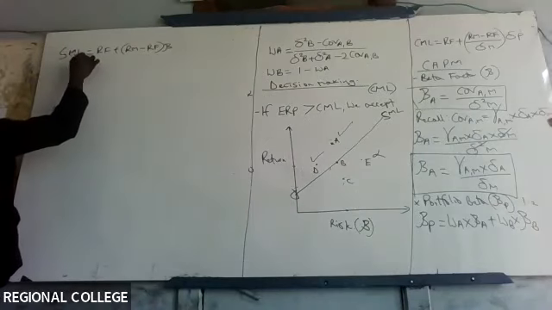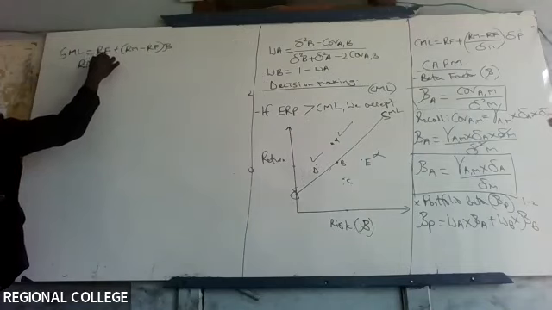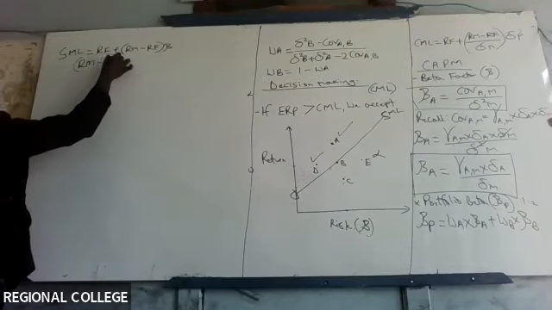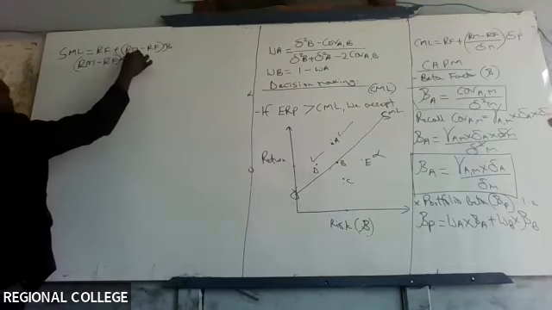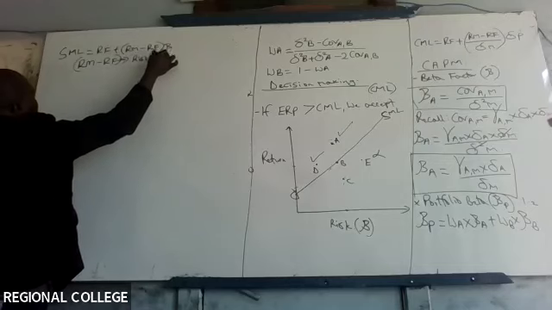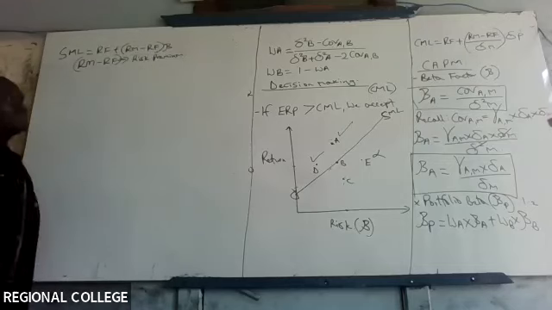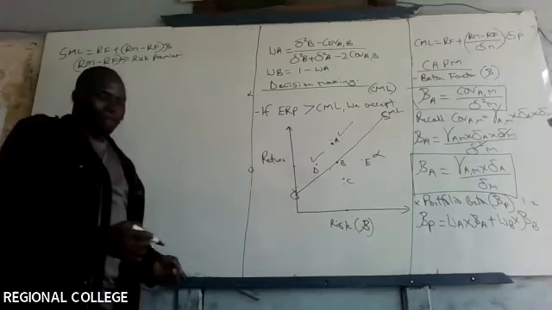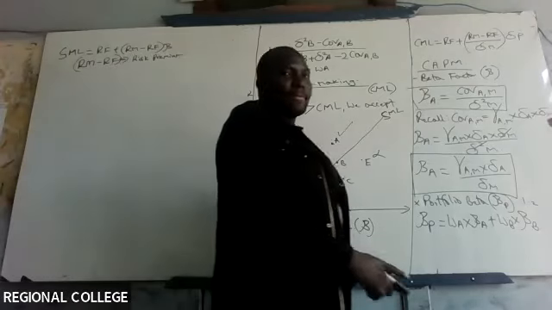And you know that Rm minus RF can also be called the risk premium.